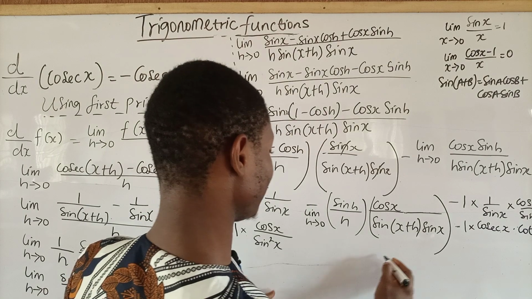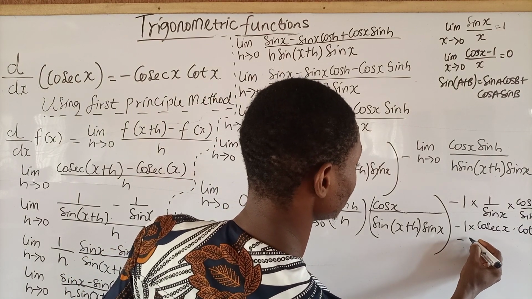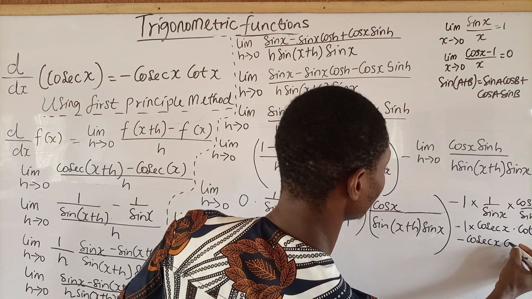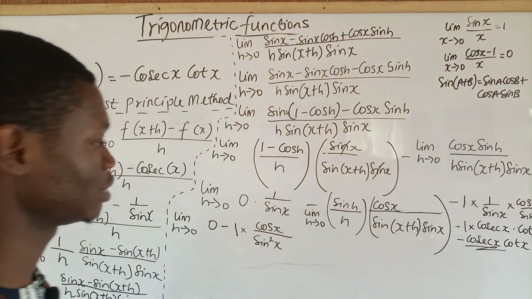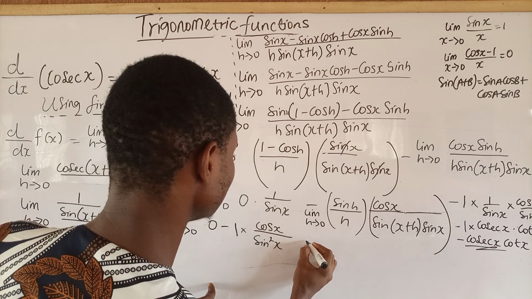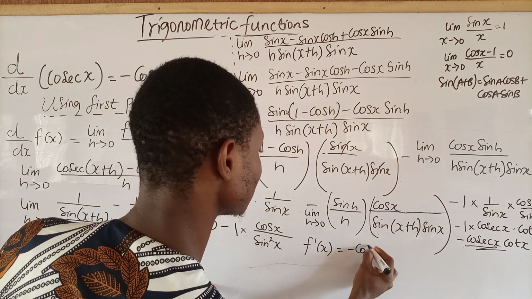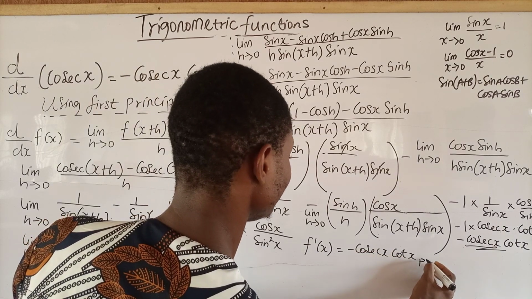So we have minus 1 times this, which is minus cosec x cot x. So that's the derivative of cosec. Therefore, we can come here and write f prime of x is equal to minus cosec x cot x. Proved.